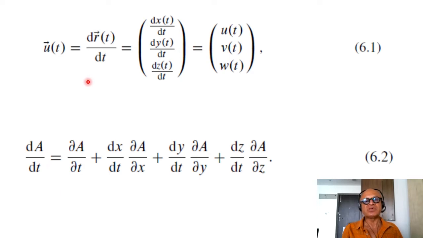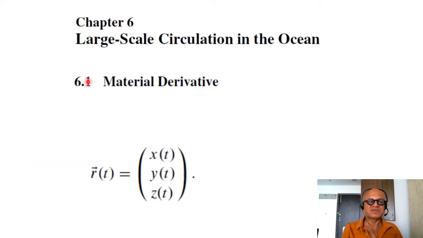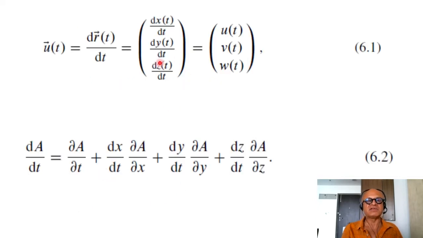If you take any particular quantity like temperature, salt, density, and so on, as I mentioned before, it's better to think of this as a position vector and the velocity vector.